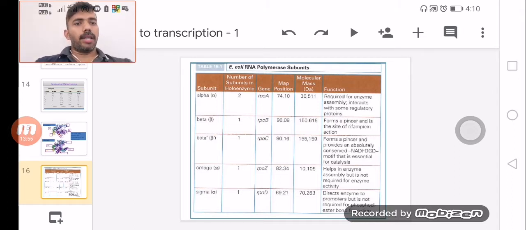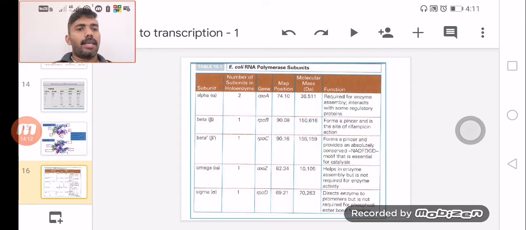And the beta and beta dash, which are actually the largest subunits in the polymerase enzyme, function as pincer molecules and help in opening the duplex. Omega is also an accessory kind of molecule supporting the assembly of the enzyme.